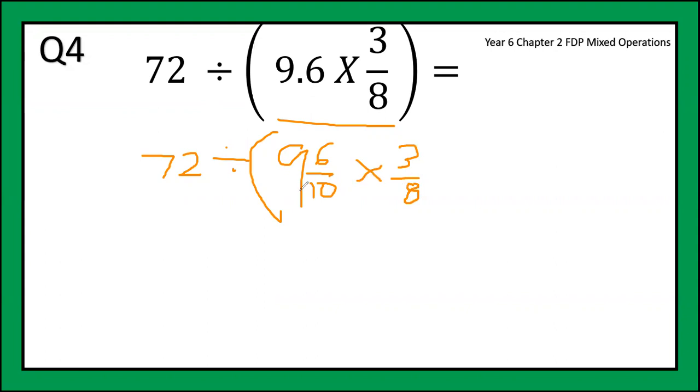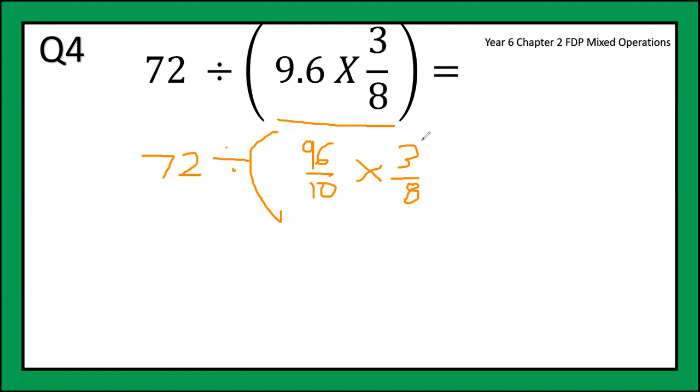Okay, so again, you can change this to an improper fraction. So 10 times 9 plus 6, you can straight away write it as 96 over 10 times 3 over 8. So over here, what I'm going to do is simplify first before doing. Okay, simplify before doing.